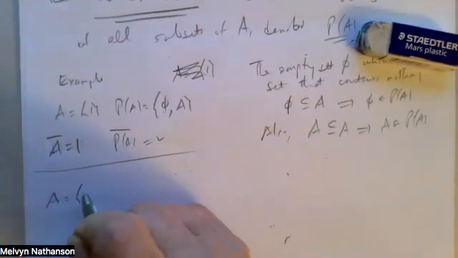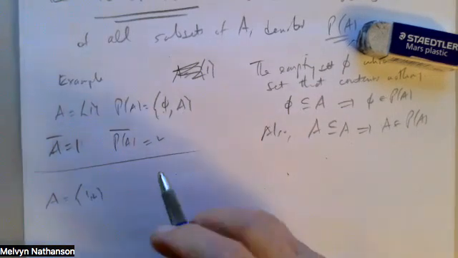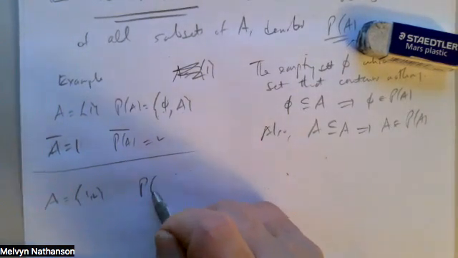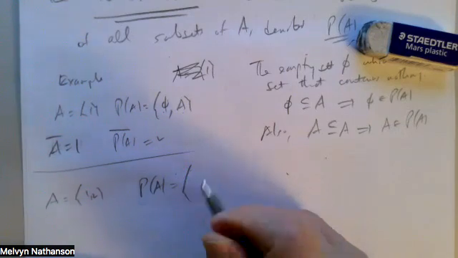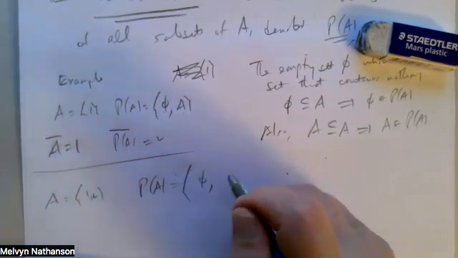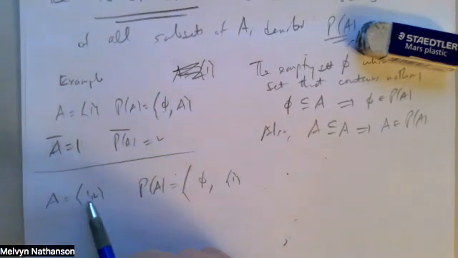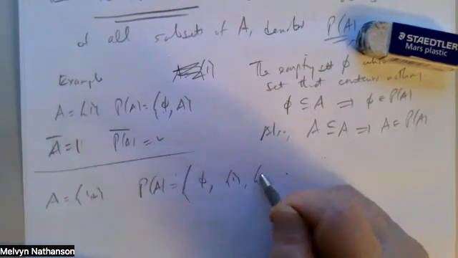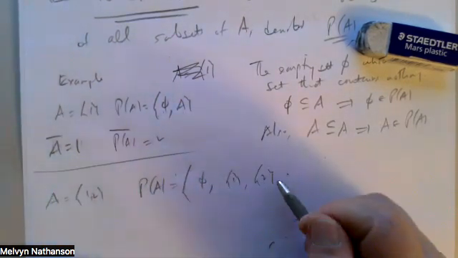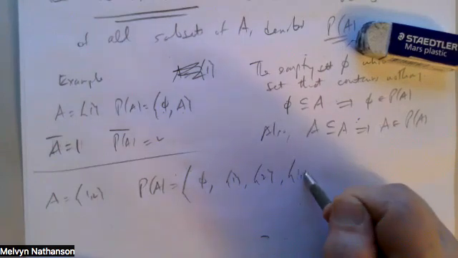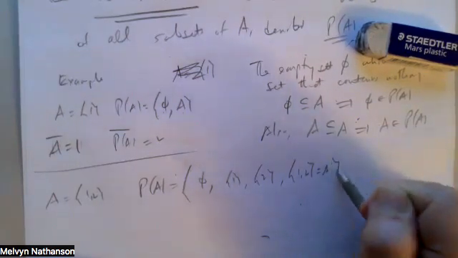Suppose I take A to be the set consisting of the numbers 1 and 2. What are the subsets of A? I have the empty set, the set that just contains 1, the set that just contains 2, and the set that contains 1 and 2, which is A itself.